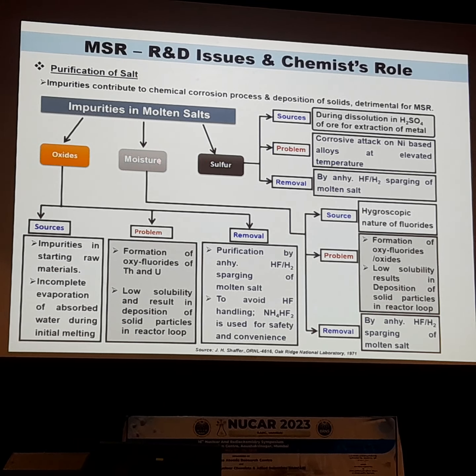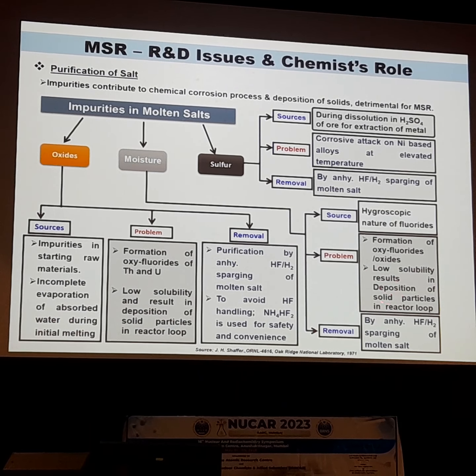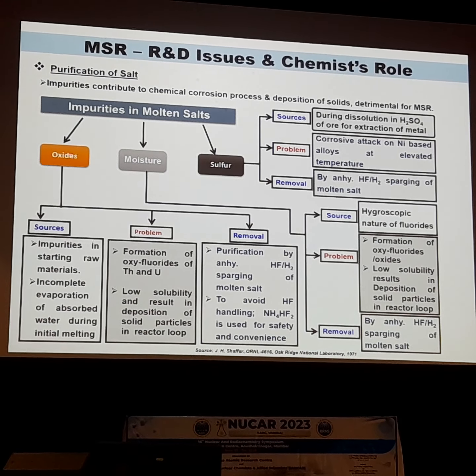Moisture: most of the fluoride salts are hygroscopic in nature, so they form oxyfluoride or oxide. They have a low solubility, and sometimes they deposit as solid particles in the reactor loop, so that should not be there. By anhydrous HF and hydrogen sparging in the molten salt, we can remove the moisture. What are the oxide sources?